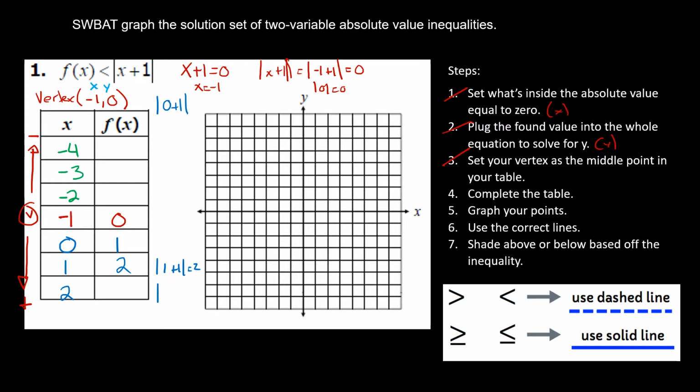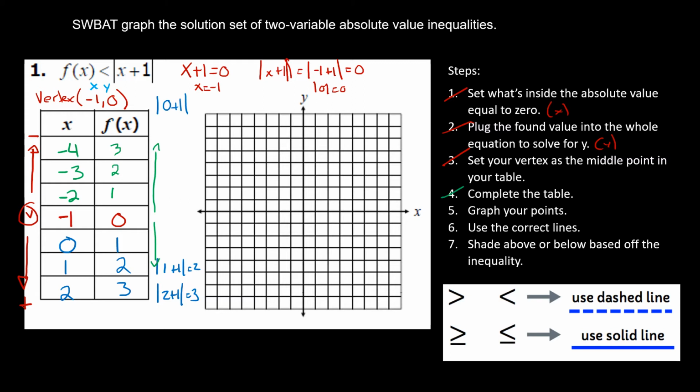And the absolute value of 2 plus 1 is 3. We learned in the previous lesson that whatever we see coming down this way will be the same reflected this way. So our solutions here could be 1, 2, 3. If you want to challenge yourself, you can go ahead and work those out, but we're going to skip that today for the sake of this lesson. And so we'll complete the table.